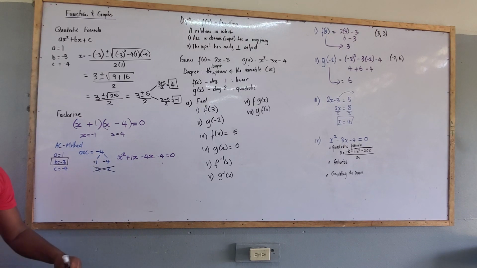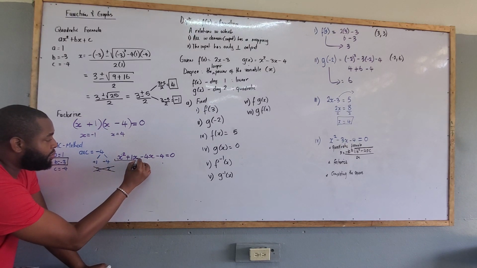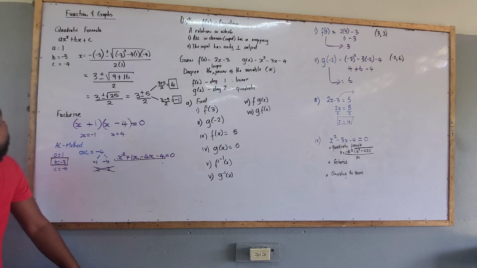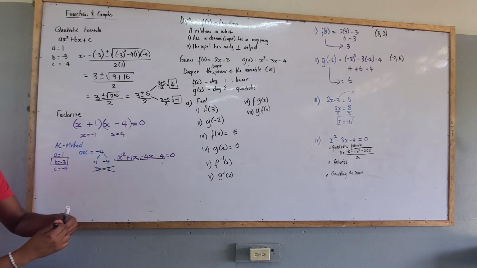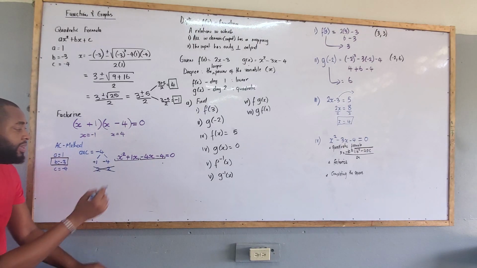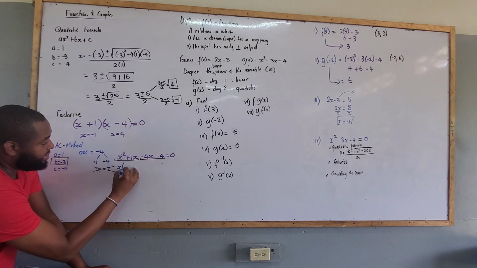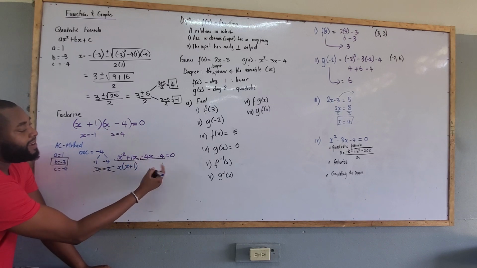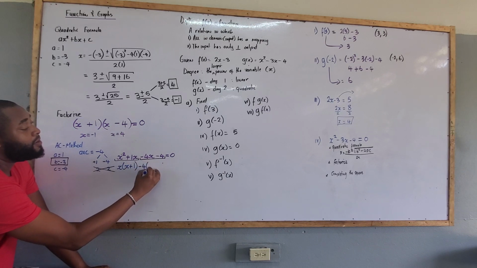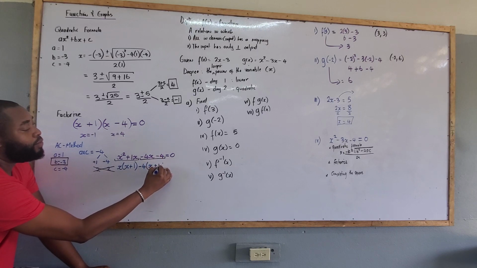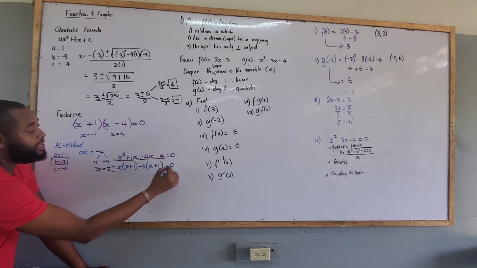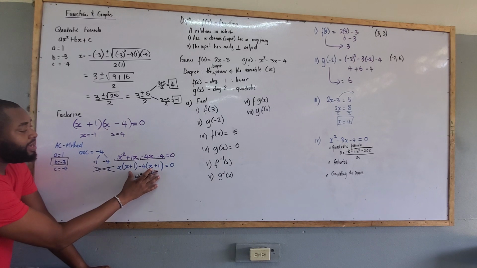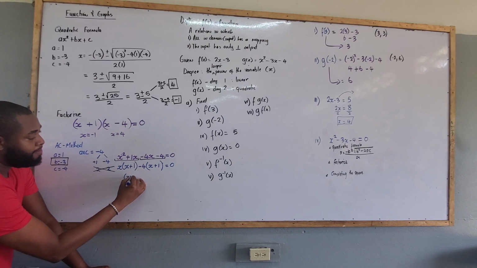Now we're going to group, since we have 4 terms. Group and factor. The common factor here is x. So you factor out x, you get x plus that 1. The common factor here should be negative 4. Remove negative 4, as a positive x, that will be positive 1. Still equal to 0. So at this point, the common factor is x plus 1.